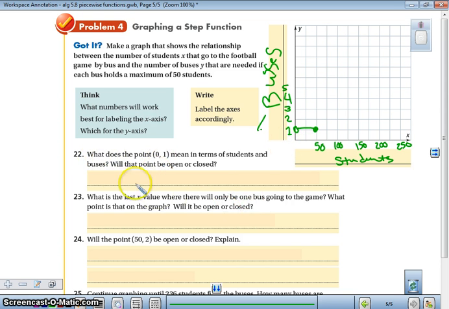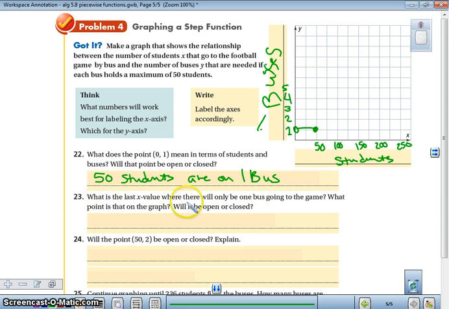So what does the point (50, 1) tell us? It tells us that 50 students are going to be on one bus. The other thing it tells us is that it's going to be closed at 50 and open at 0. Why? Well, with 0 students, we're not taking a bus, but for 1 up to 50, we're going to have one bus.